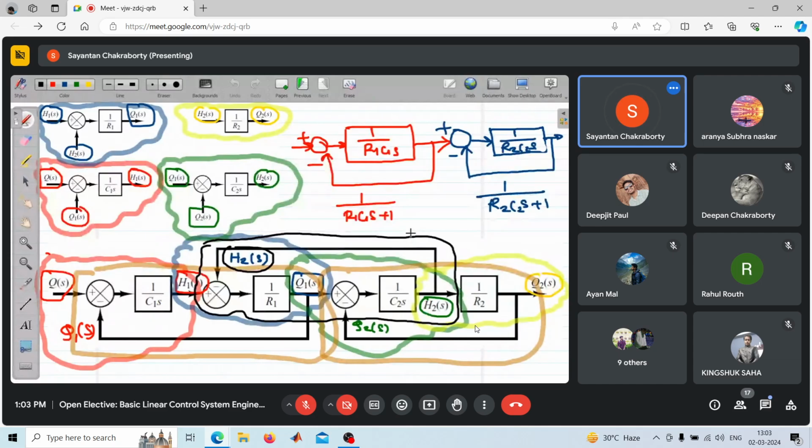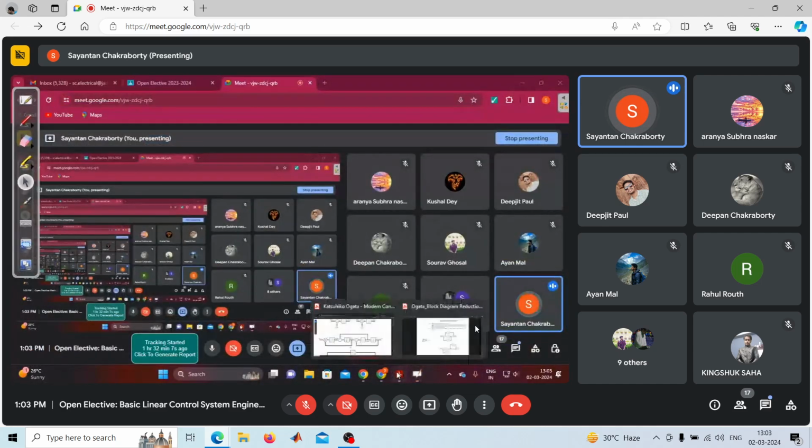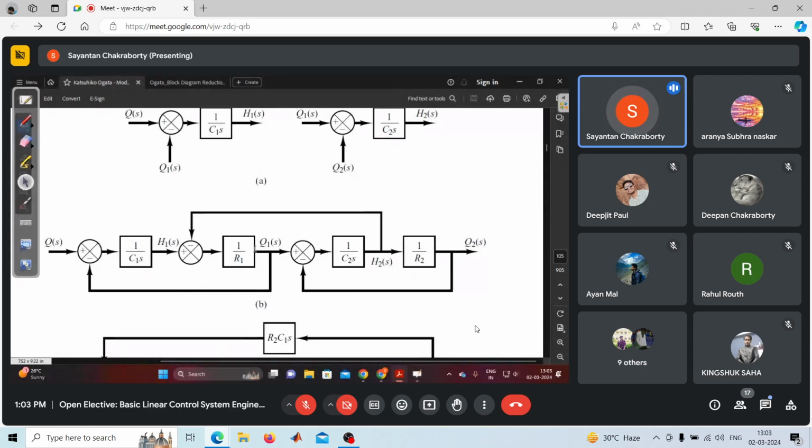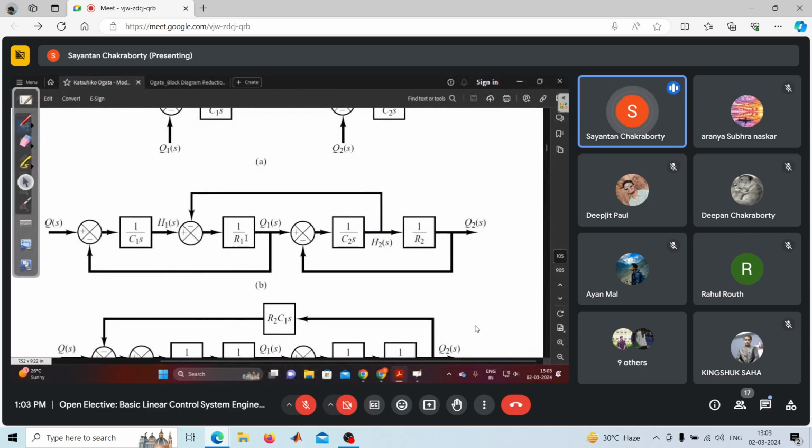বোঝা গেল তাহলে? এবার জাস্ট আমি দেখিয়ে দিচ্ছি, পরের দিন ডিটেলসে আলোচনা করবো ওটা, পিডিএফ থেকে দেখিয়ে দিচ্ছি, দ্যাট ইজ হাউ টু রিডিউস দ্য ব্লক ডায়াগ্রাম। এটা হচ্ছে অরিজিনাল ব্লক ডায়াগ্রাম that we have.